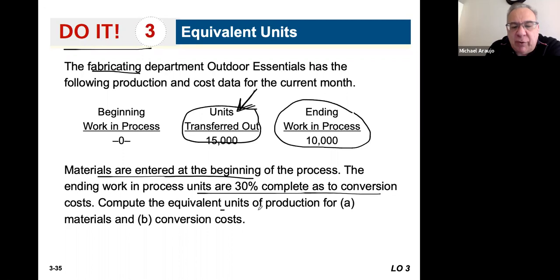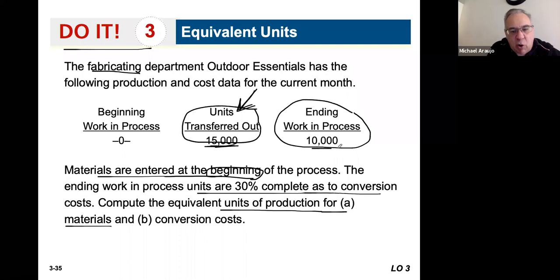So what's the equivalent units of production for materials? Well, for materials, all the materials have been used because you have to start with those materials. They're entered at the beginning of the process. So all 15,000 of these have all the materials that they will have. And all 10,000 of these have all the materials they will have.